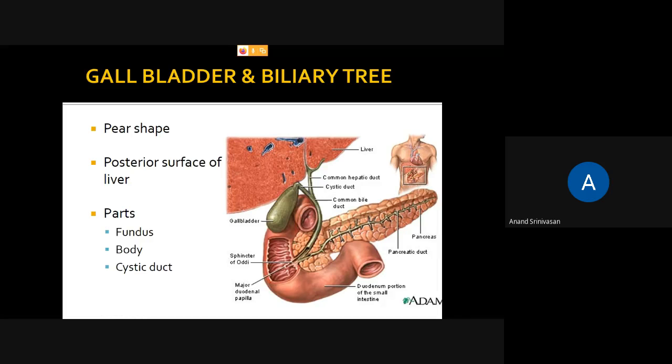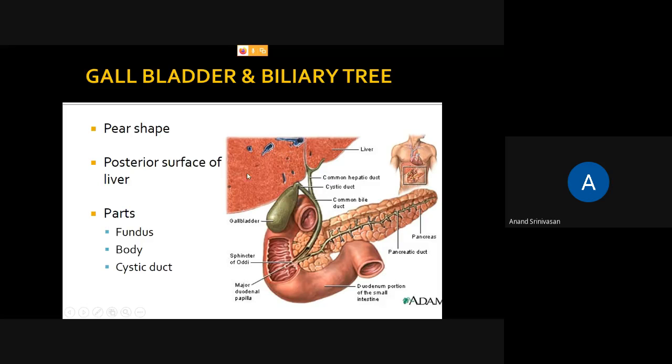It is actually physiology, which you will be learning next year, but for you to understand, I'm telling it now. Mainly the gallbladder stores a chemical called bile. Where does this bile come from?